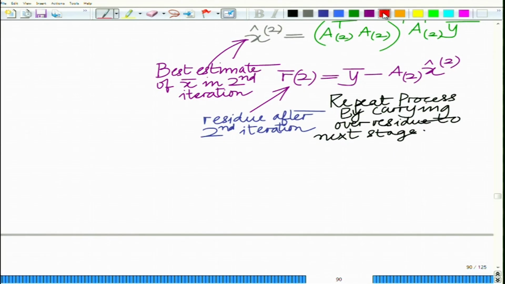Now, till when do you repeat? There can be several criteria. For instance, you might have a fixed number of iterations, or typically you repeat until the residue stops decreasing, that is, let us say you have k iterations, and epsilon is some threshold.